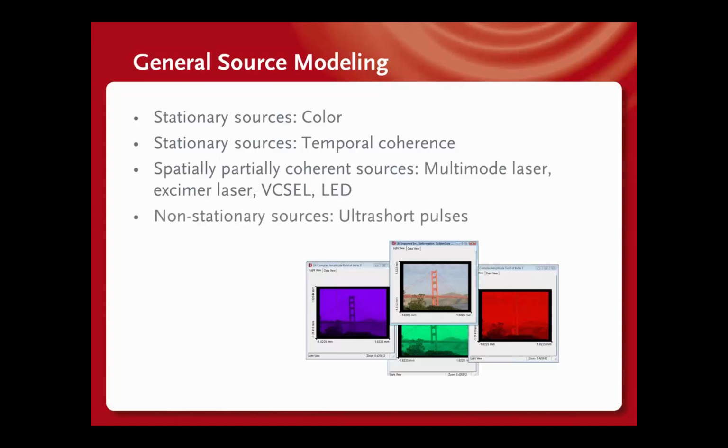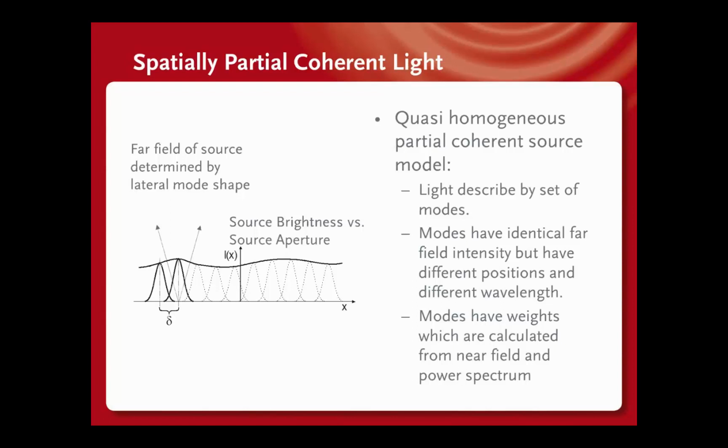And I would just like to mention we are also able to model non-stationary sources and especially ultra-short laser pulses. So that means if we have an LED source, we need to describe the partially coherent light distribution of the LED by a set of harmonic fields, or we can actually call these harmonic fields also modes.